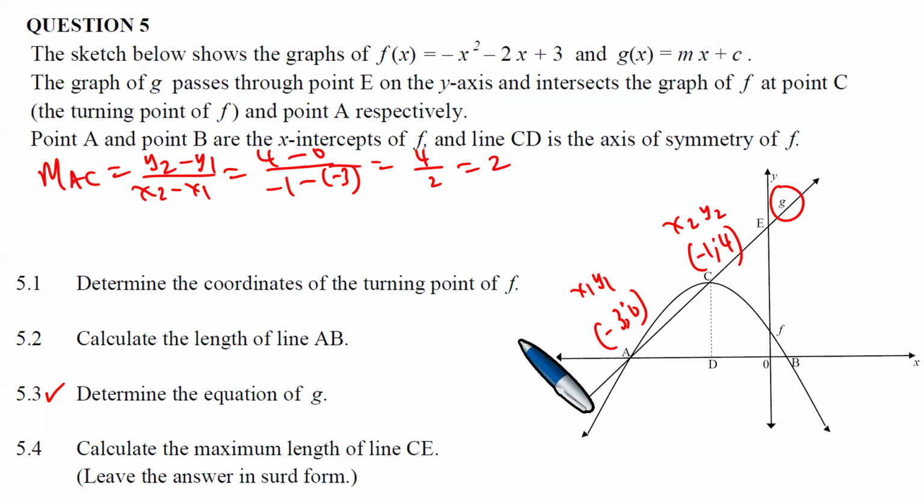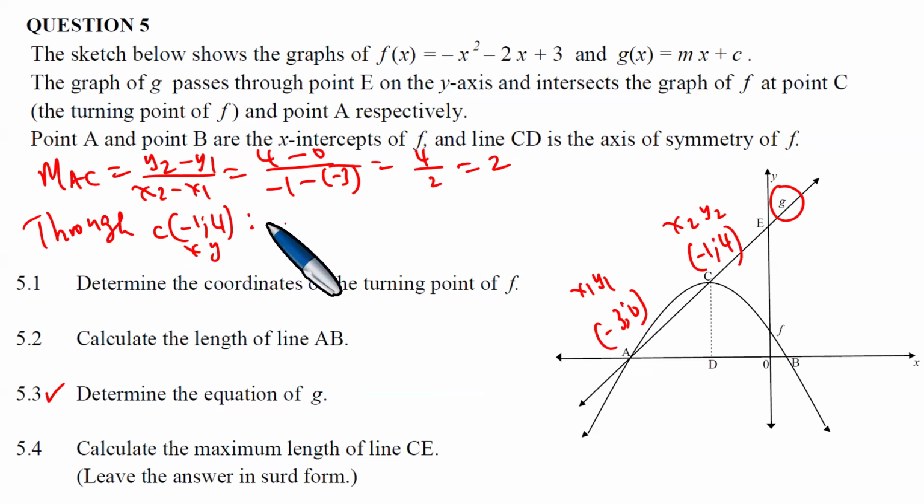It is certainly a dimensionless entity, the slope. Good. Now this line passes through any of these points. You can use this point if you wish. We're going to choose C with the coordinates -1 and 4, x and y.